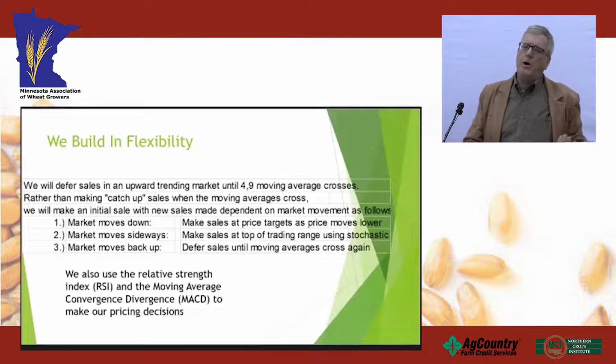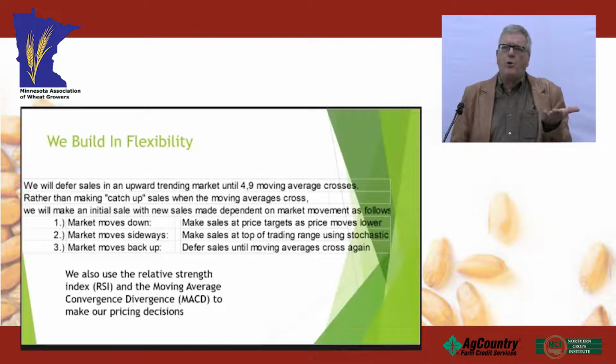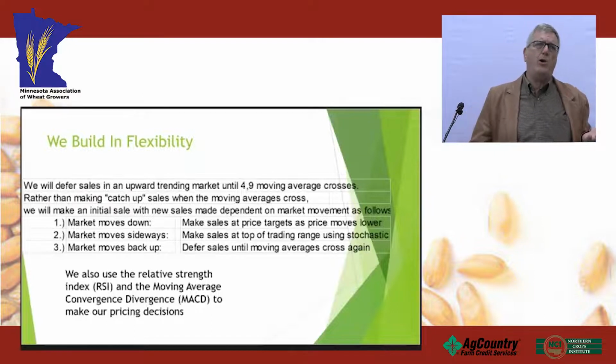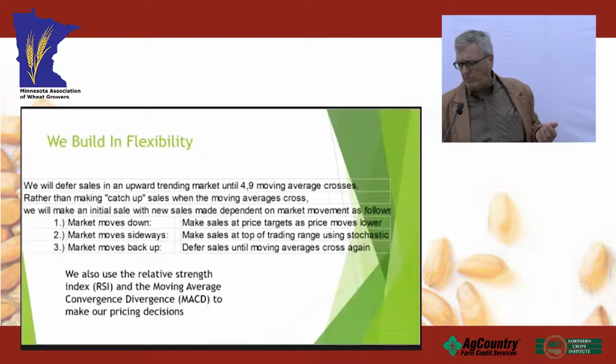We like to build this into both our old and new crop plans so that we can take advantage of market price rallies and capture a little bit more revenue than what we had expected to.